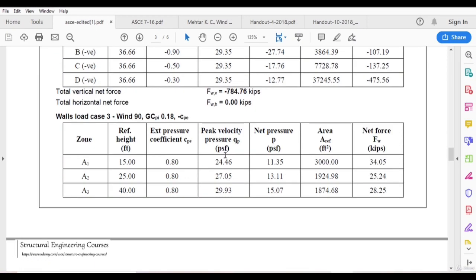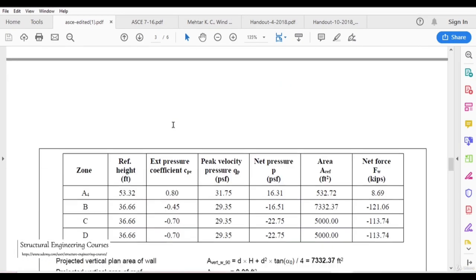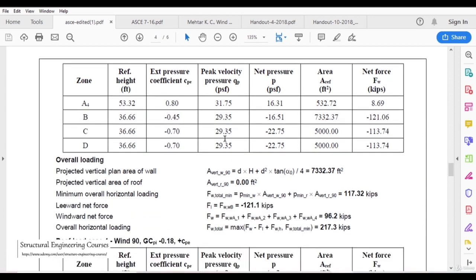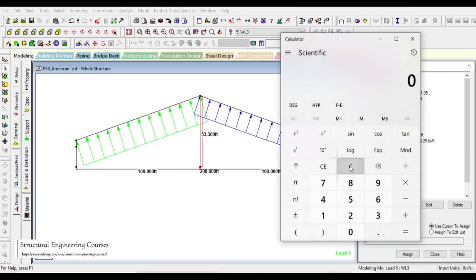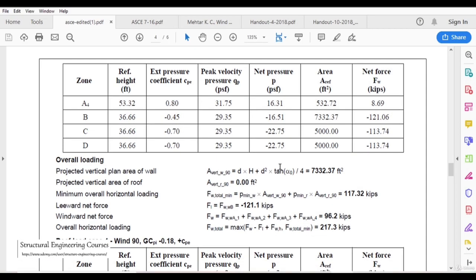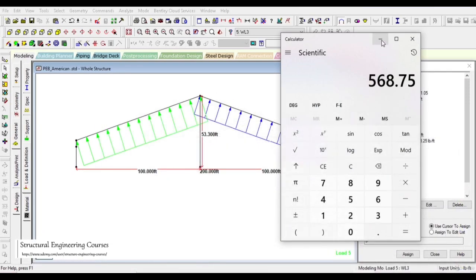After that, we need to calculate the wall loading also. For walls, we can see that for C and D the values are the same, that is 22.75. We multiply 22.75 into 25, that is 568.75, and all these loadings are acting away from the structure.